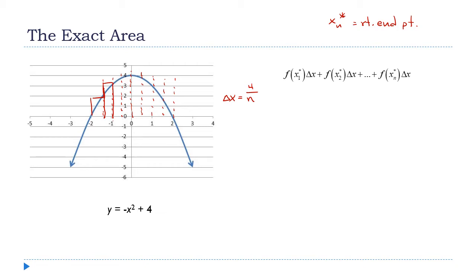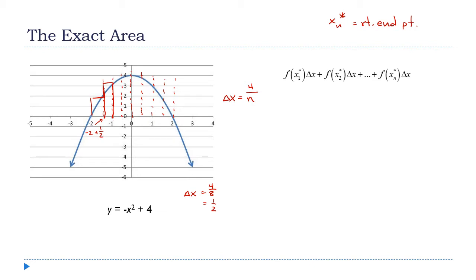Well, what would they be? The first one would be -2 plus, what's the size of my interval? Well, I have 8 intervals, and the width is 4. So delta x would be 4 divided by 8. That's 1/2. So this first right-hand endpoint here would be -2 plus 1/2.